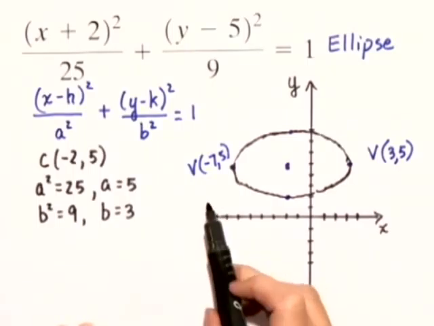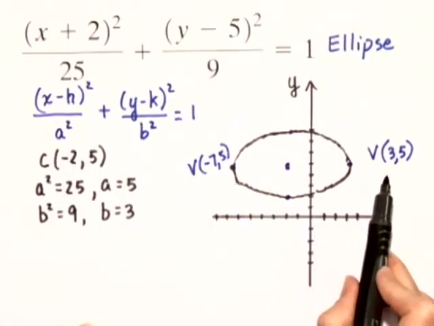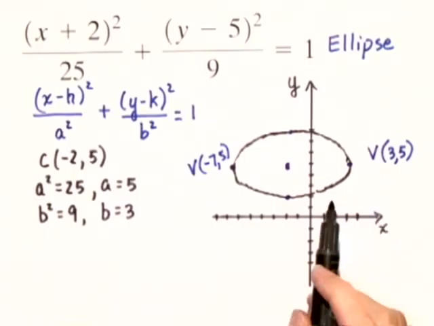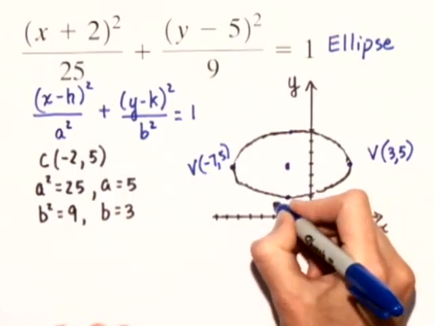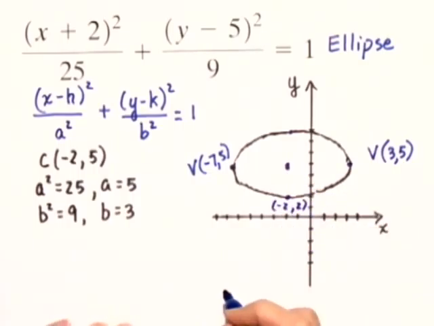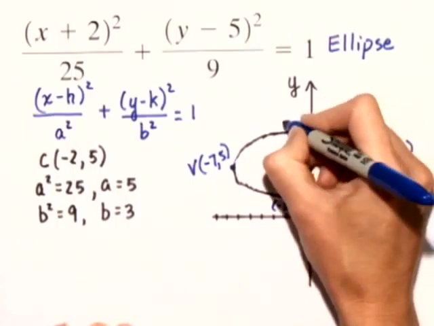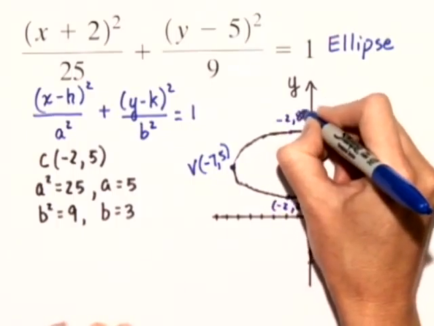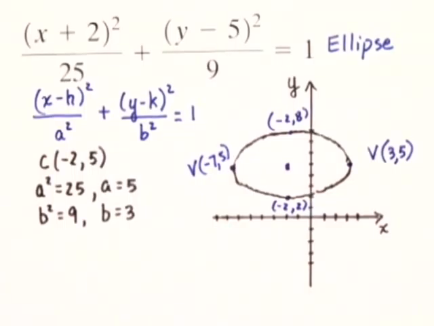So we see that we have 2 vertices, one at negative 7, 5, one at 3, 5. The end points of our minor axis are located right here at negative 2, 2, and also at negative 2, 8. We also needed some information about the foci.